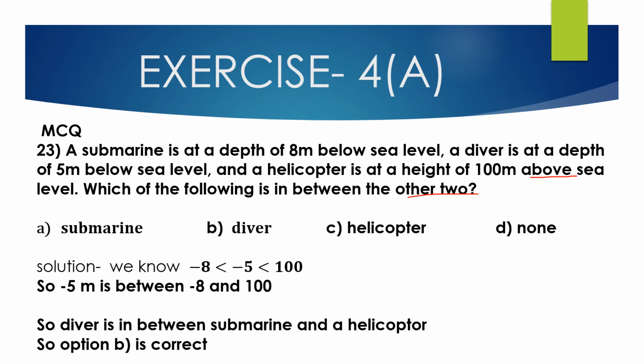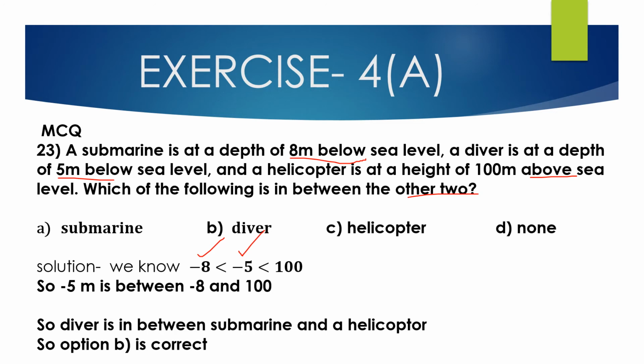Which integer will be in between the two integers? 8 meter below sea level will be represented by minus 8, and 5 meter below sea level will be represented by negative 5, and 100 meter above sea level will be represented by a positive integer, positive 100.